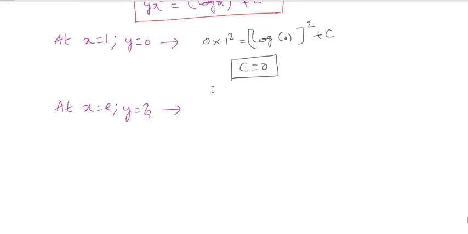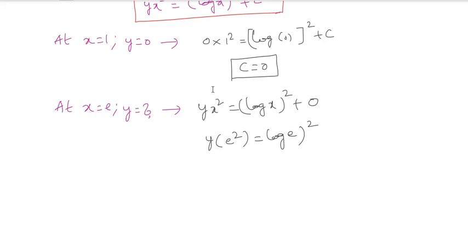What will we get here? So y into x square will be log of x whole square plus c, and that c value is 0. So y into e square is equivalent to log of e whole square.